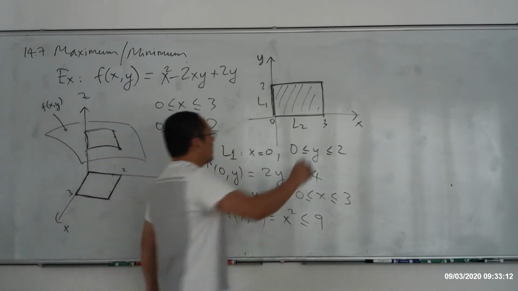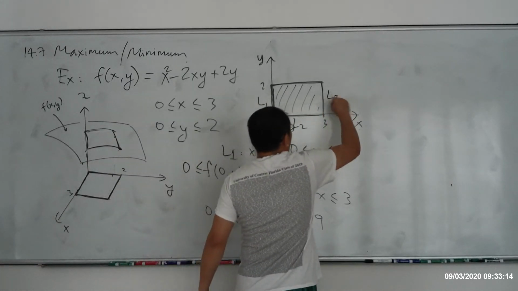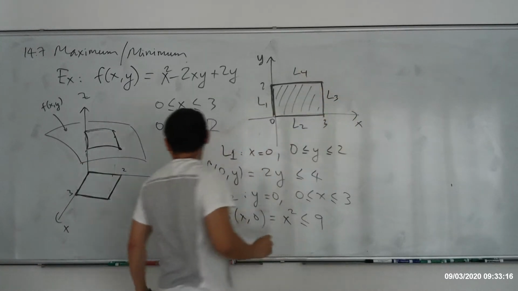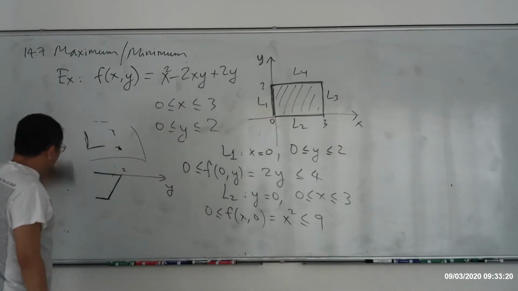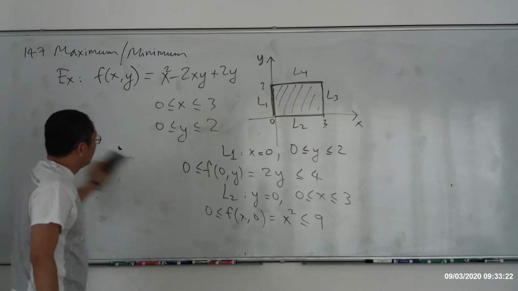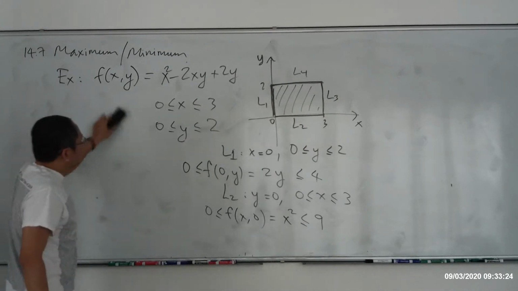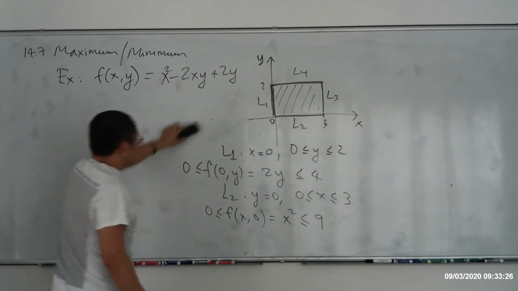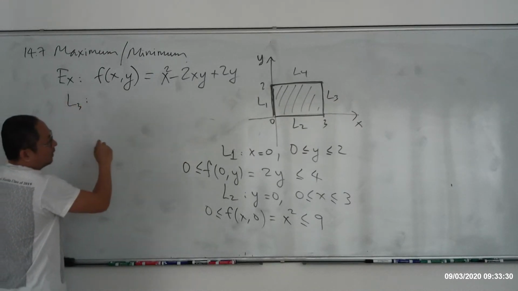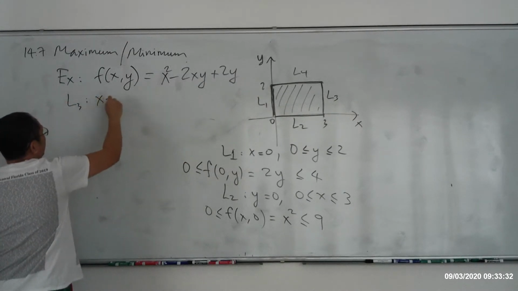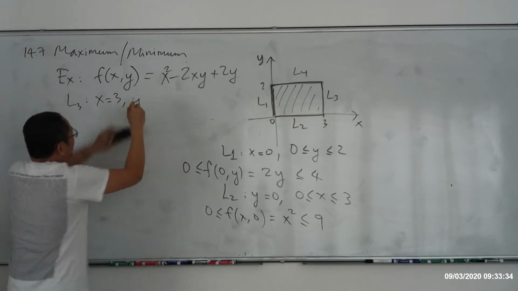And we have to take care of the other 2 lines, so this is called L3 right here, L4 right there. L3. L3 is what? X equal to 3 and y runs from 0 to 2, right?